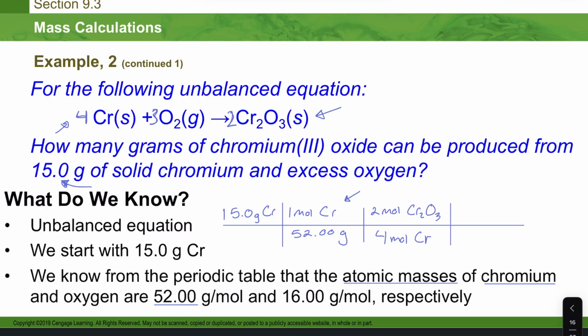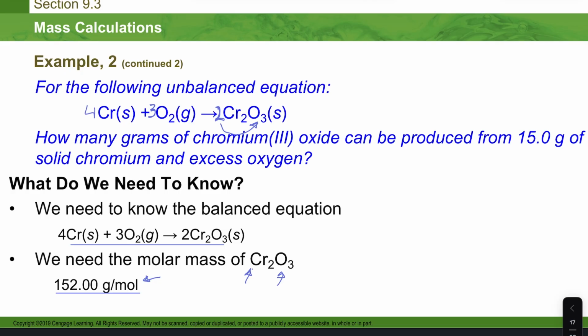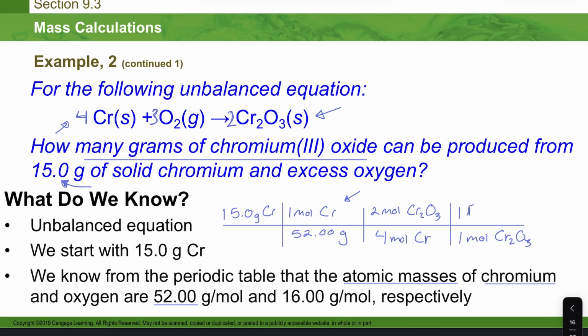Now that I've done the conversion, I am getting closer and closer to getting the mass of chromium oxide that I need. So the last step is going to say for every 1 mole, I need to get out of moles now and into grams. For every 1 mole of Cr2O3, I know that the molecular mass is, let me check just to be sure, 152.00 grams.